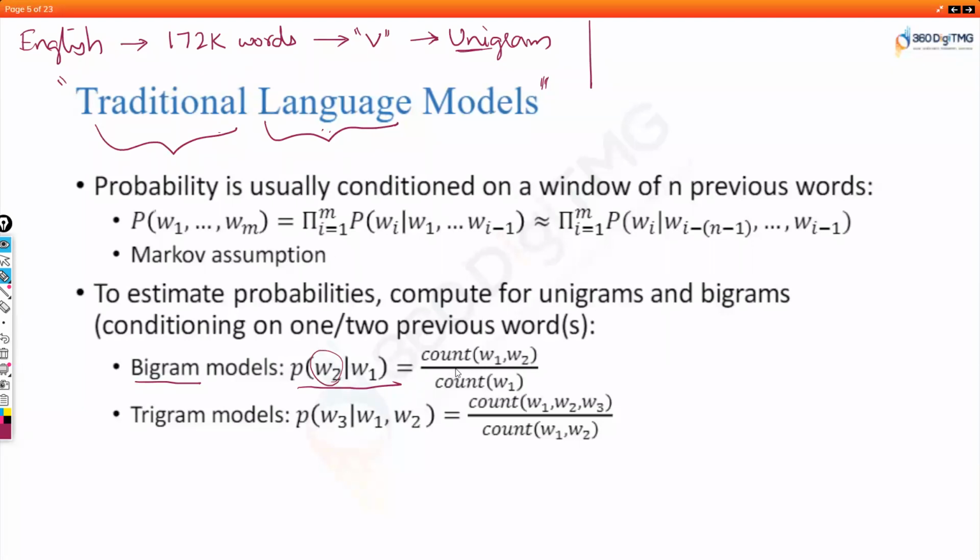So you count how many times word 1 and word 2 appear together, divided by the count of word 1, and that would give you the probability. So if you have bigrams, this count will increase from V to V square.